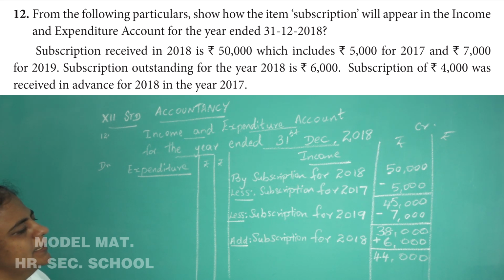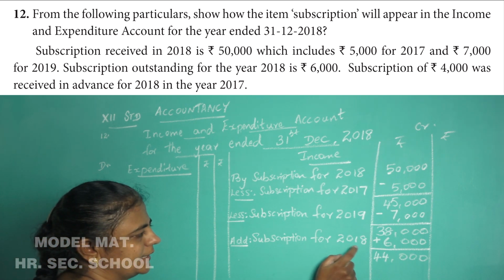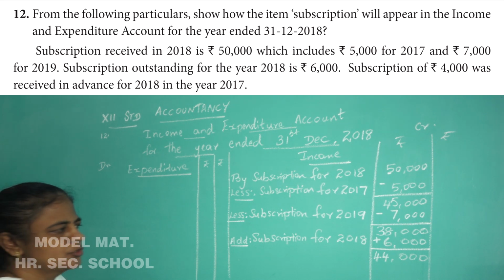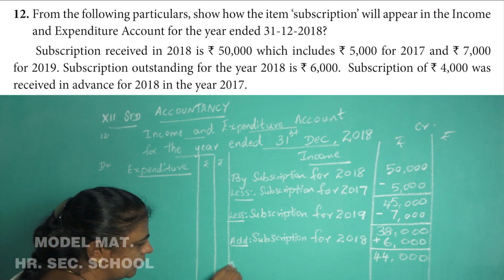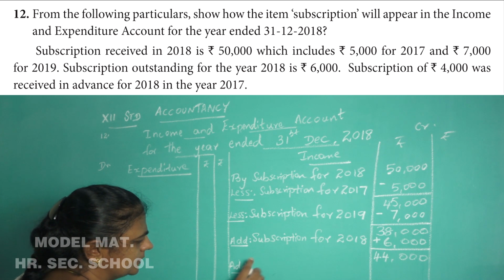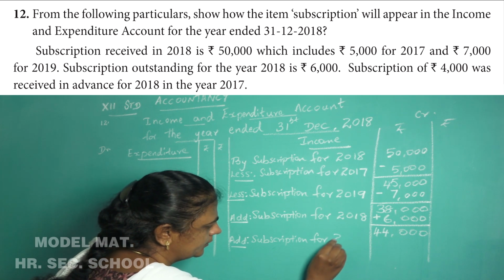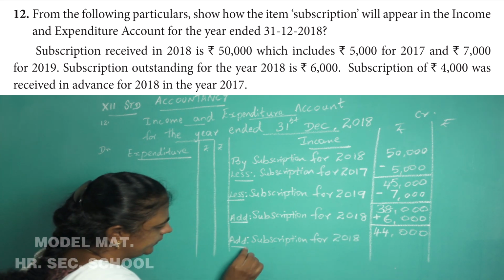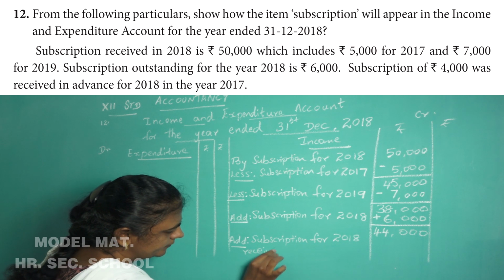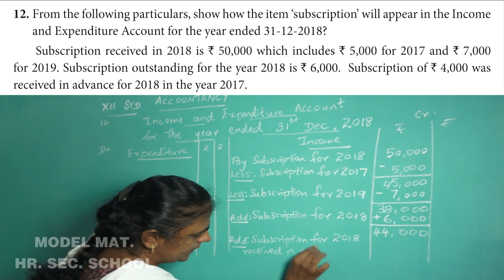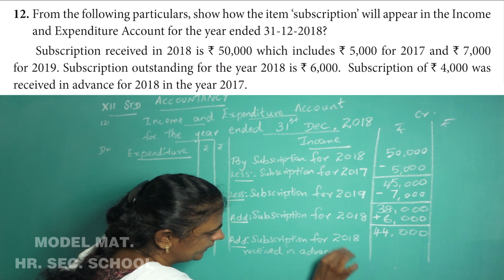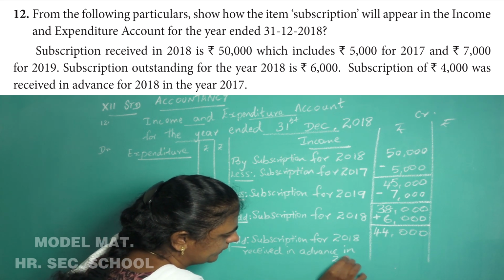Subscription of rupees 4,000 received in advance in 2017. Okay, 2017, that is last year. Last year it was received in advance, but that income belongs to 2018. So what you have to do? If it belongs to 2018, what you have to do? Again you have to add subscription for 2018 received in advance in 2017.